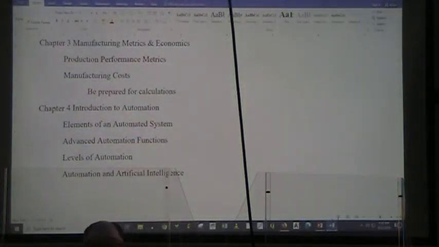Essentially, I'm just writing this down out of the chapter outline.